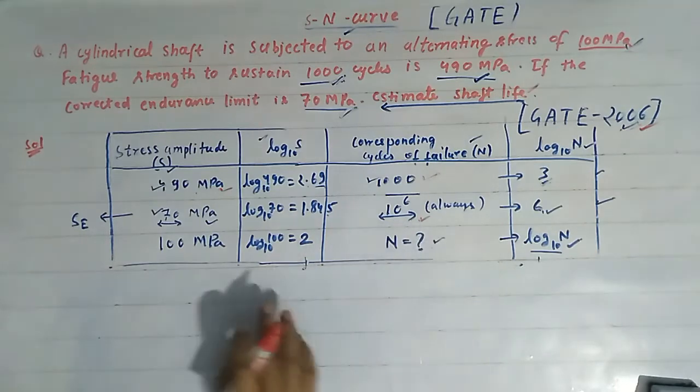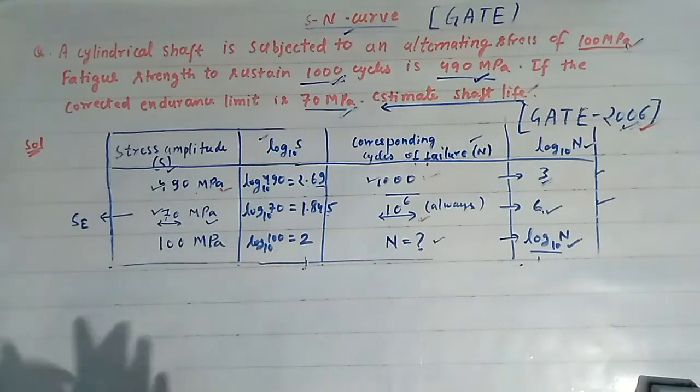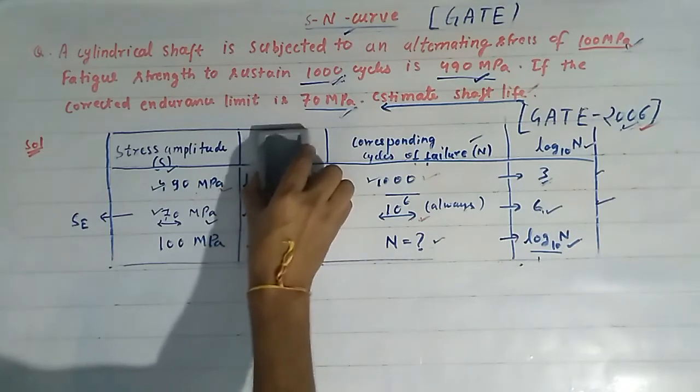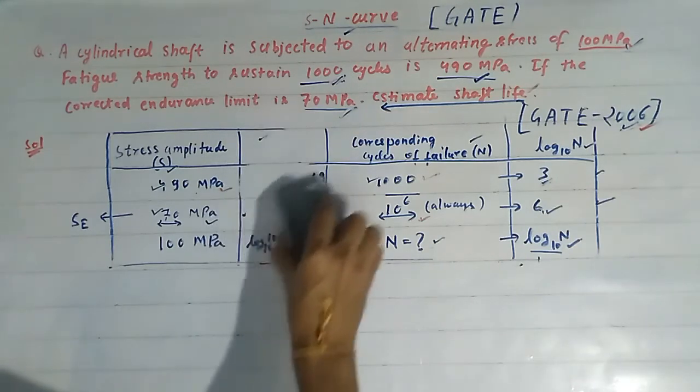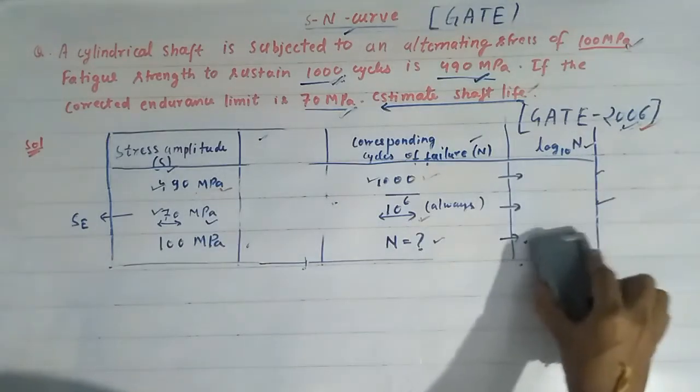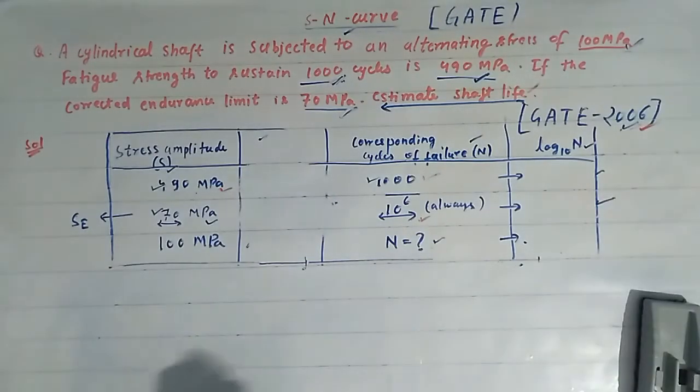So friends, in this video we do not need to take log terms; we need not calculate the log of the stress values or the log of the N values. We will use a direct, formula-based method.